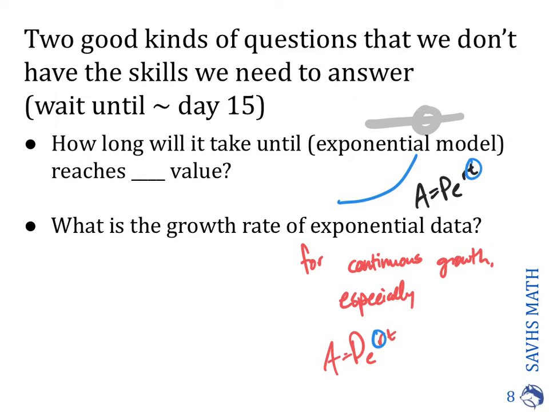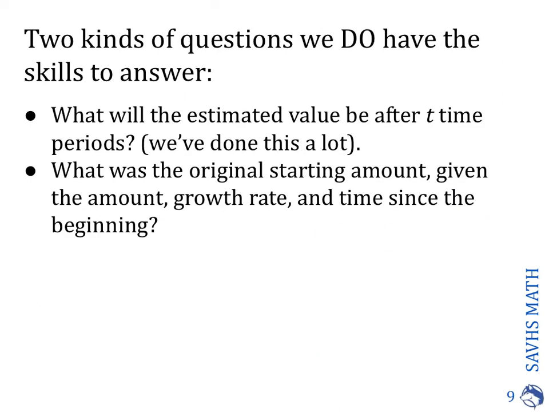Those two things being in the exponent are difficult to get, and we don't have the tools to do that right now. Two things that we do have the tools to do, though, are to find A and P. In A equals Pe to the rt, finding the amount you have after a certain amount of time, if we know r and t and we know P, then it's easy for us to find A.